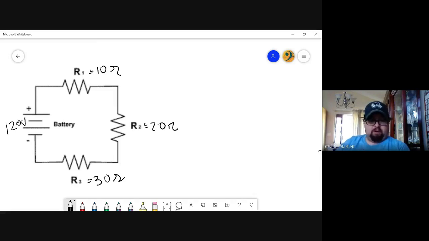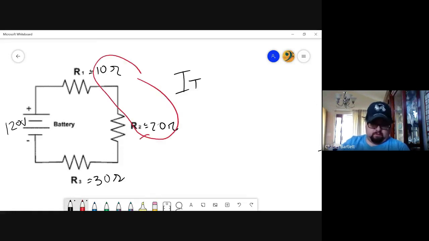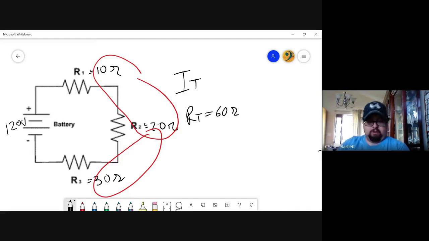And if we get these weird numbers, we would still have to figure out IT. We would do that by adding these together to get 60. So RT would be 60 ohms.